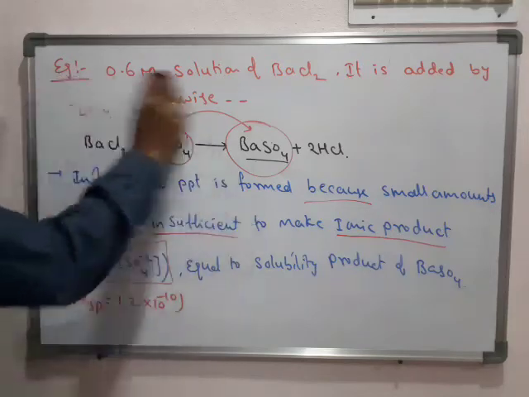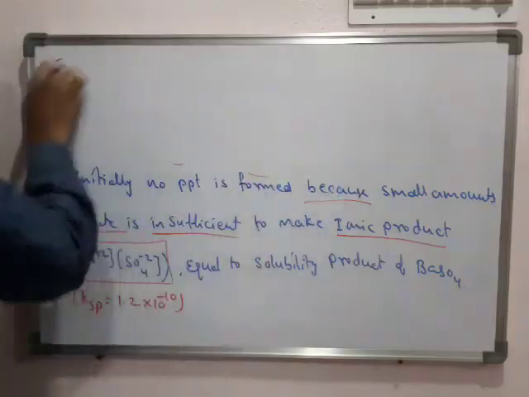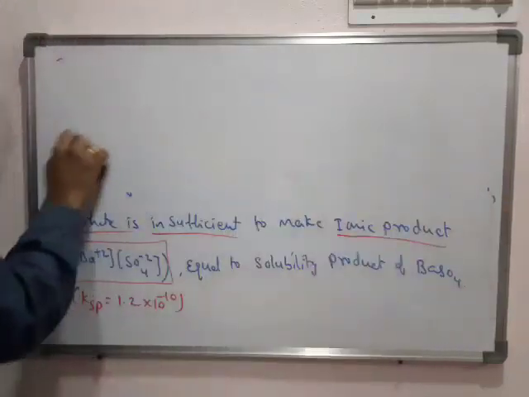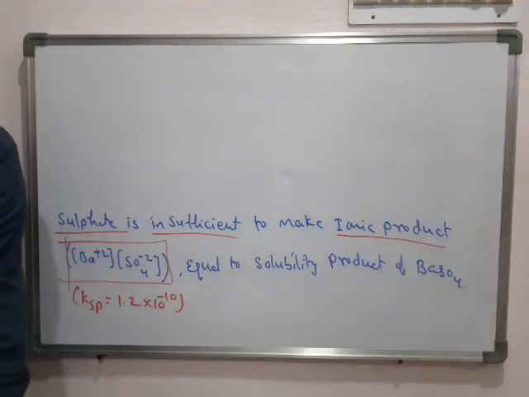So if you keep adding extra, there is a formation of a precipitation. The precipitation of barium sulfate takes place.